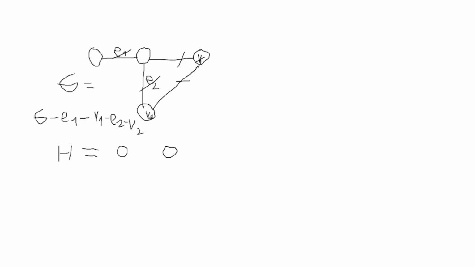So these two will merge into one. Whether it's V2 or this one, it's kind of the same idea. So what we have left of all this is basically these two vertices. So this is an example of a graph minor.